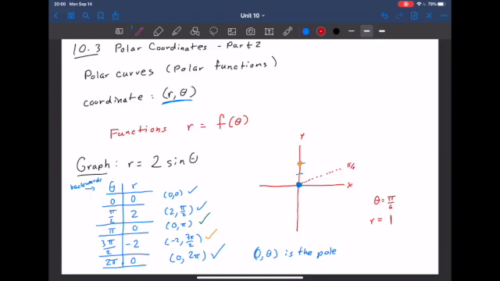I want to go 1 out, like here. And let's also graph, I'm just picking numbers that are easy, and in general, we're going to talk about what's happened here in a way that we'll never have to do all this again, 5 pi over 6. When I do 5 pi over 6, that's like this angle all the way over here.